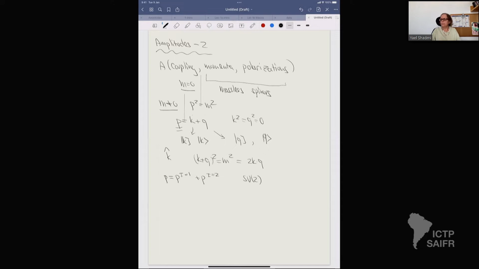Now, as we said, once we've done this, we can write the vector in terms of massless spinors. So we can write P alpha alpha dot as the I equals 1 spinor, plus the same thing with I equals 2.